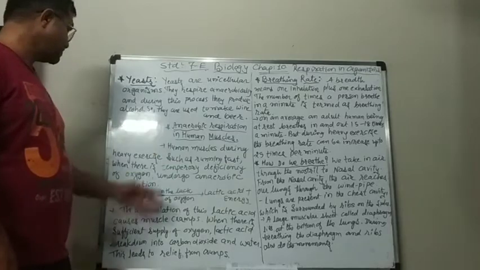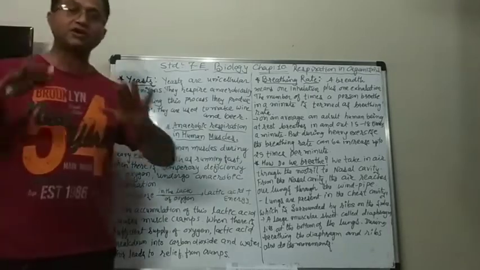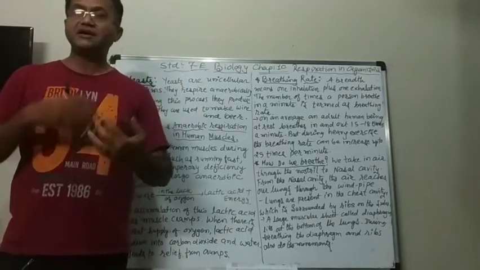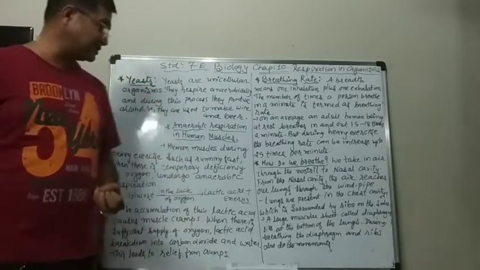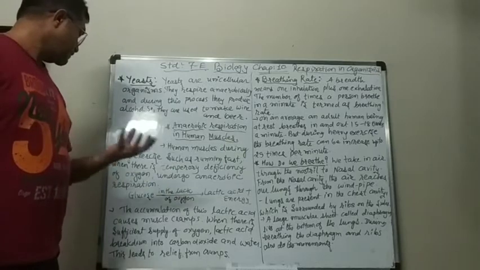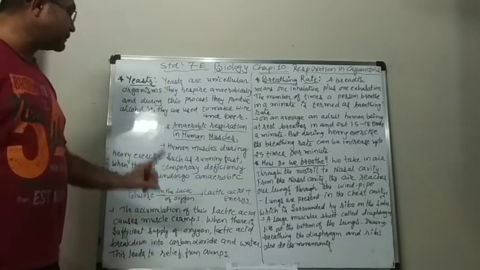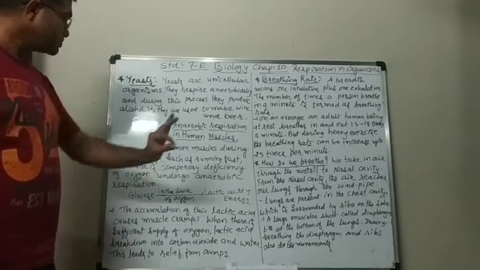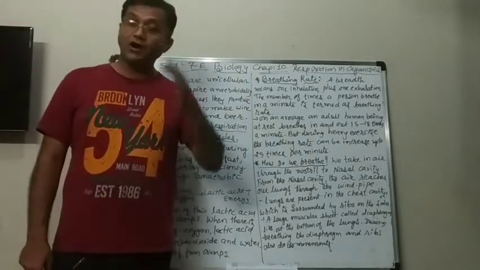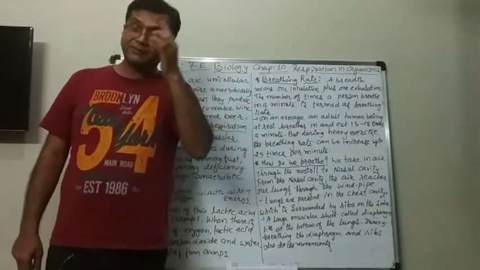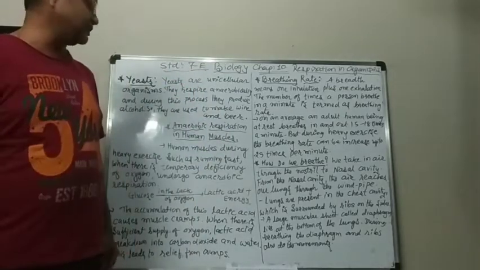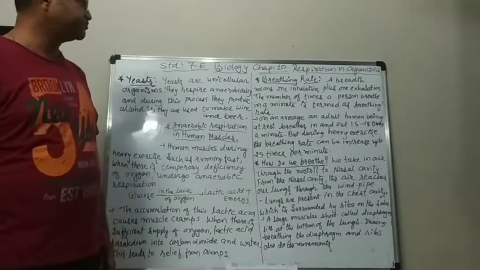And when there is a sufficient supply of oxygen, when we are getting normal, we get sufficient oxygen again, and then that lactic acid is broken down into carbon dioxide and water, and this leads to relief from the cramps. So after a short time, we get relief from the lactic acid cramps also.